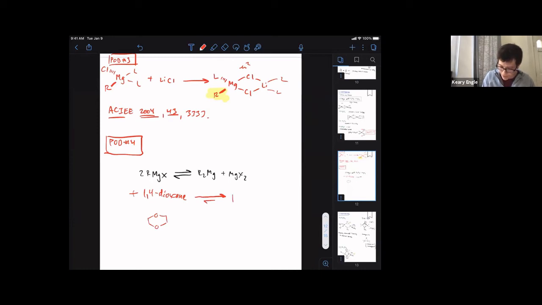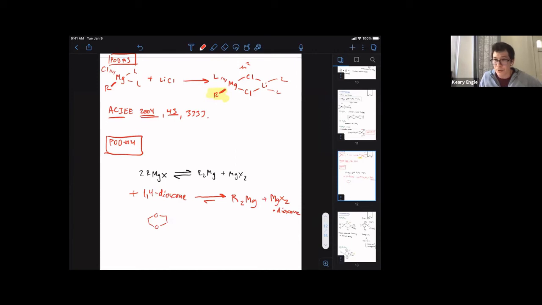And it turns out that dioxane can form insoluble aggregates with magnesium dihalide salts.